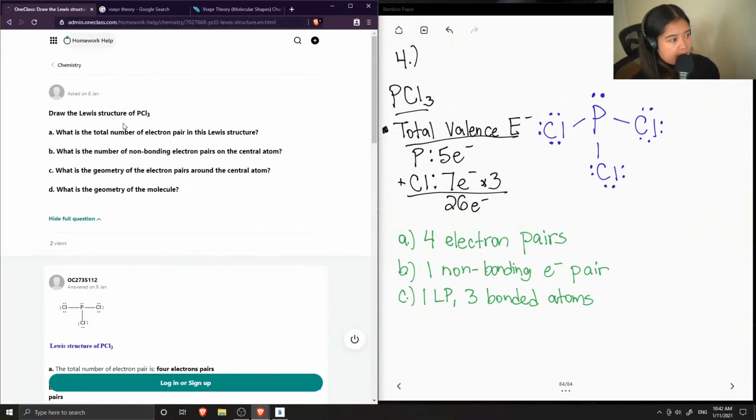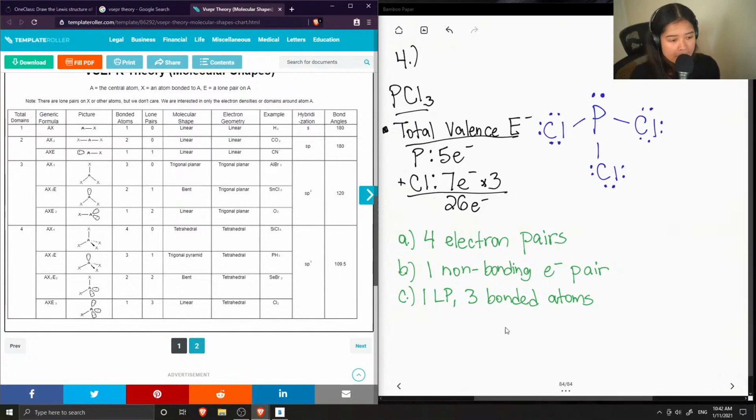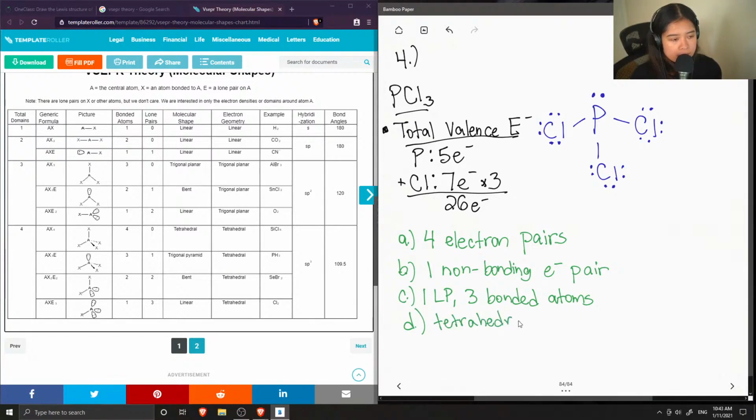The question asks, what is the geometry of the electron pairs around the central molecule? This is the same as electron geometry. So we have tetrahedral electron geometry. So for D, tetrahedral electron geometry.